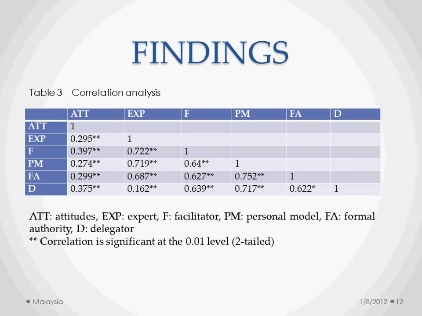Table 3 shows the correlation analysis result. The correlation values range from 0.274 to 0.752. The strongest relationship was found between formal authority and personal model.